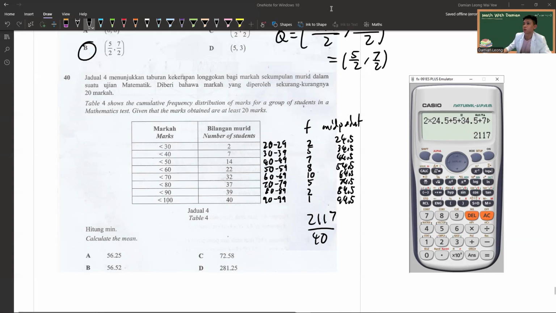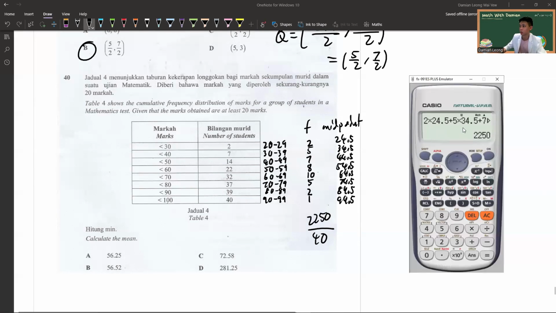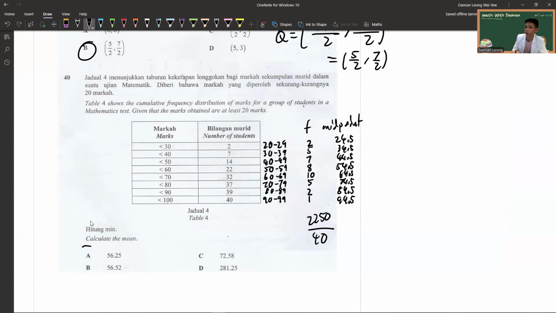Did I count something wrongly? Sorry, I counted wrongly. It's 2250 over 40. Each of the frequencies times the midpoint, added together, then divide by 40, we will get 56.25, which is the answer A.